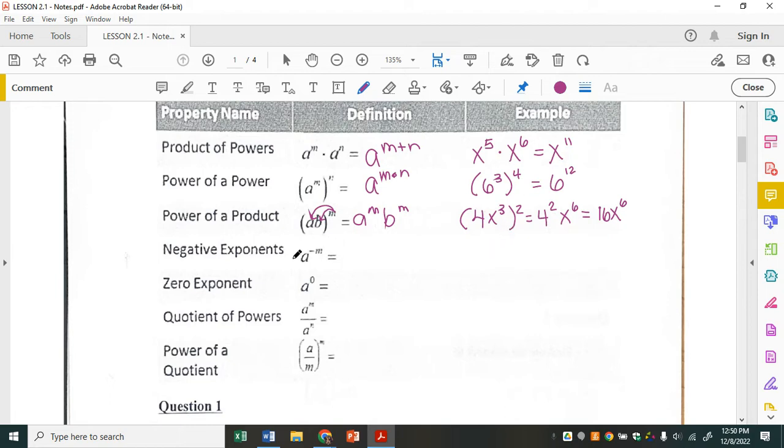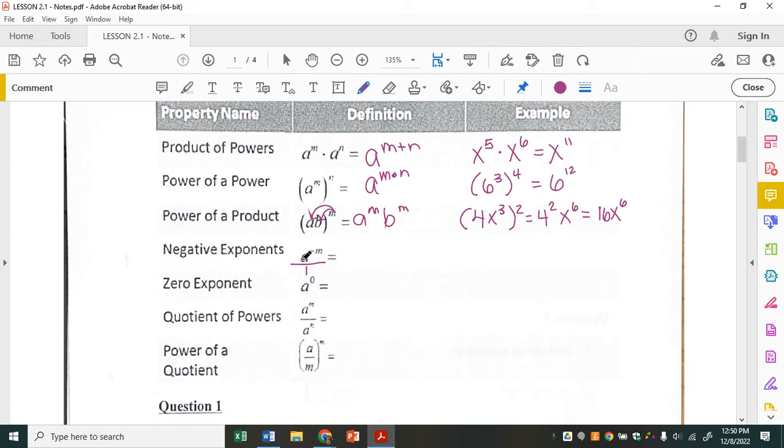Okay. If we have a negative exponent, we want to make it positive somehow. So if we think about bases and numbers as fractions, this a to the negative mth power is like saying it's all over 1. Just like if I told you 2 and I told you to put it as a fraction, you'd tell me 2 as a fraction is 2 over 1.